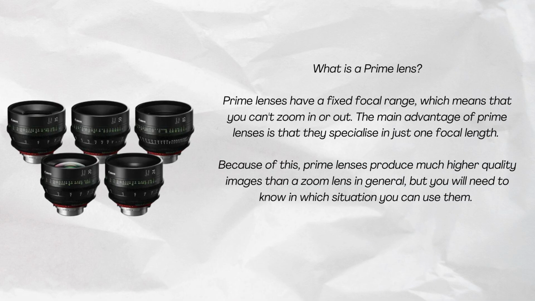Prime lenses are mostly used by filmmakers because they offer lower f-stop numbers and actually a higher aperture. So for example, when you get a prime lens, you can actually use lower f-stops like f/1.8, and that allows you to get beautiful portrait shots.